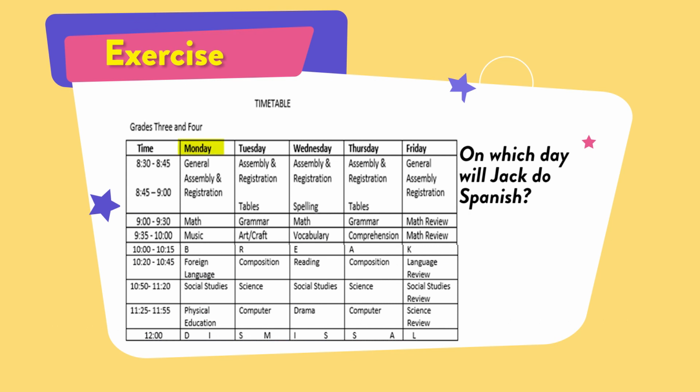Let's look for Monday and go downwards, and we will see after math he has music, foreign language, and foreign language will indicate Spanish because our language is English, foreign language is Spanish. So on Monday, Jack will do Spanish.